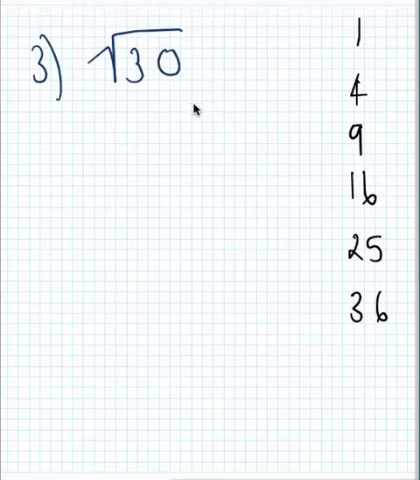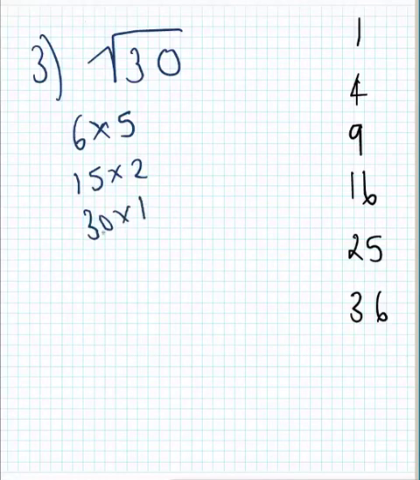Now, if you started writing down some factors of 30, you might have 6 times 5, 15 times 2, 30 times 1, but we know we can't use that one because it won't do anything. Now, can you think of any more factors that will give us 30?